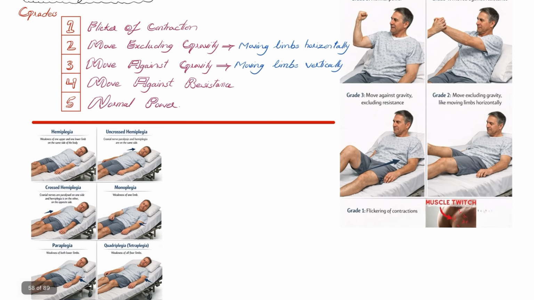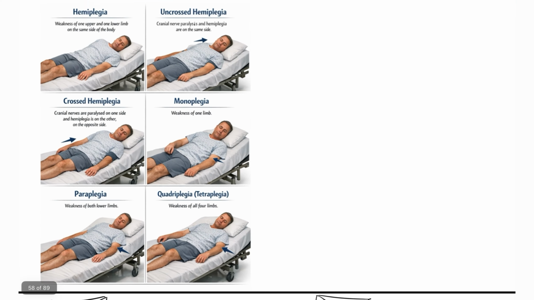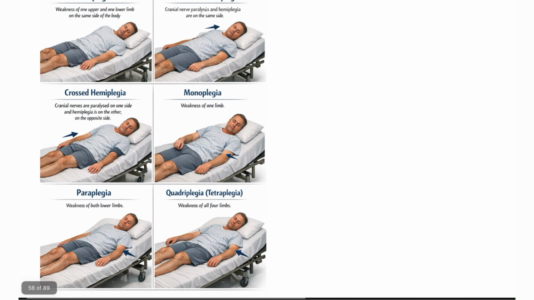Now remember one thing, that the muscles can either completely lose its function, which is called aphasia, or there would be decrease in the strength of the voluntary muscles, which is called paresis.